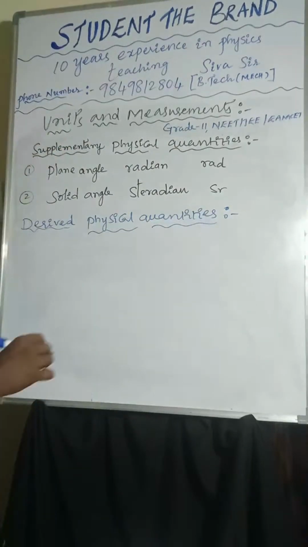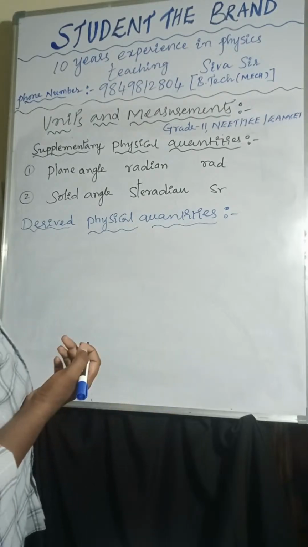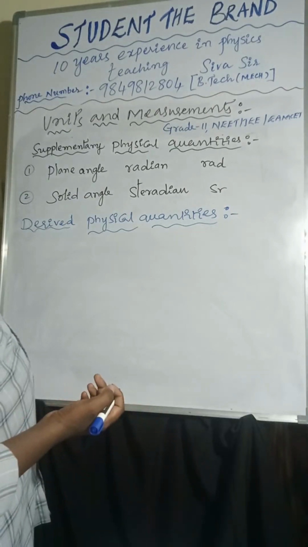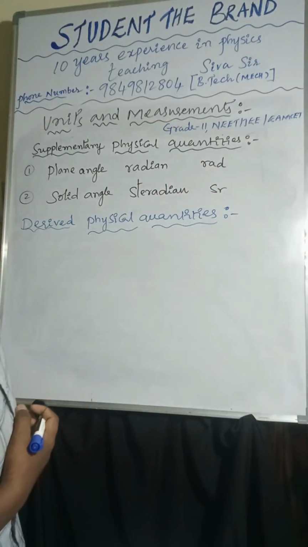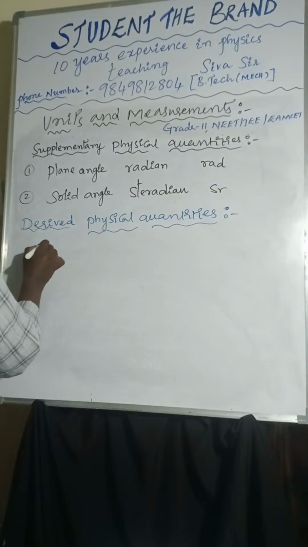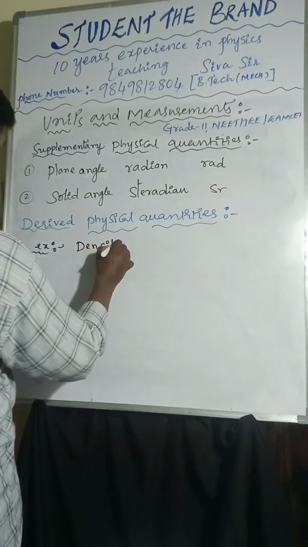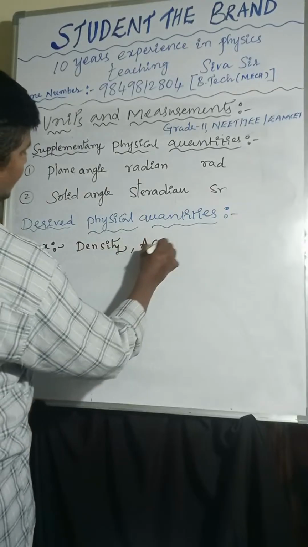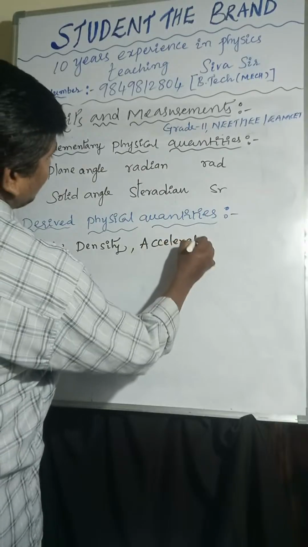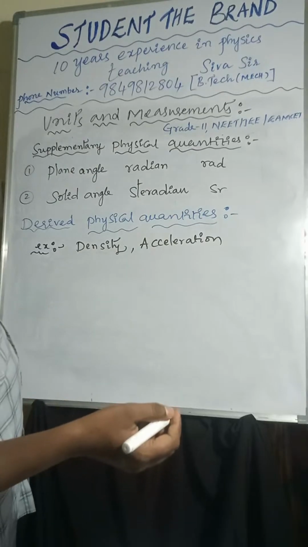So derived physical quantities are the quantities that can be derived from the remaining physical quantities. For example, density, acceleration, and velocity.